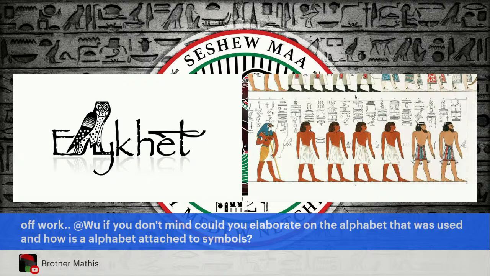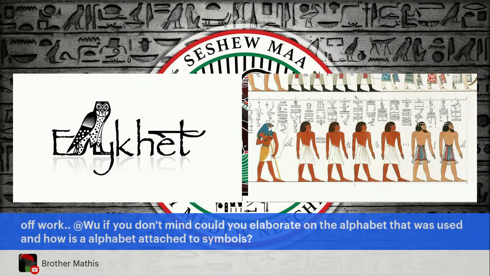There are glyphs for that, and they're 24 in number. Depends on who you talk to. Some say 24, some say 25 because you have the double reed leaf, and then you have the alternates for the N. But they're 24, generally speaking. Those monoliterals could serve as a pseudo alphabet.